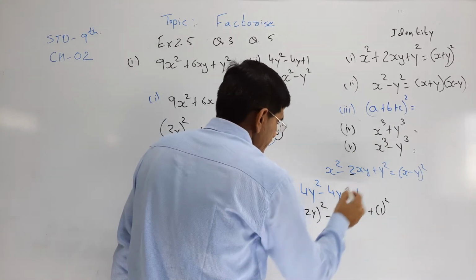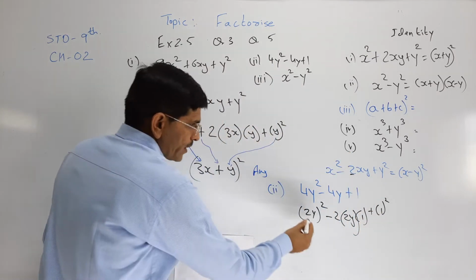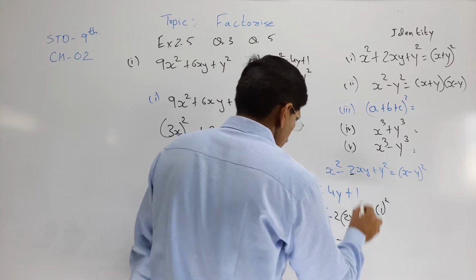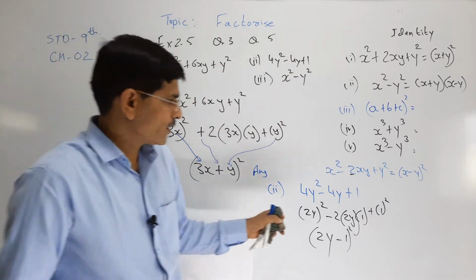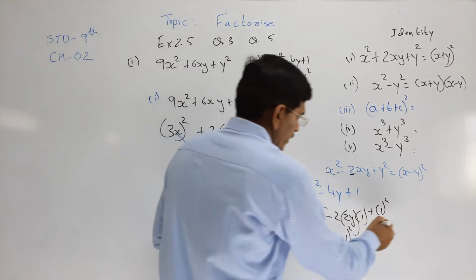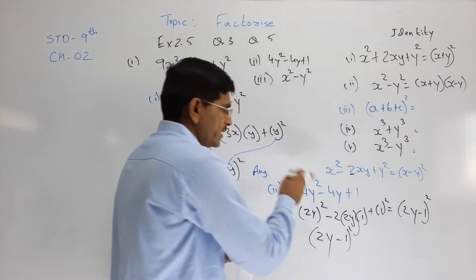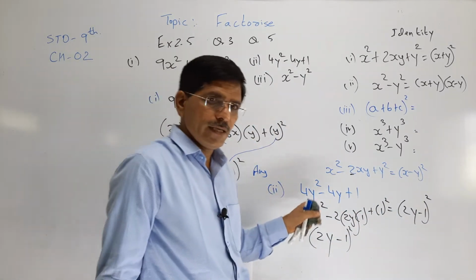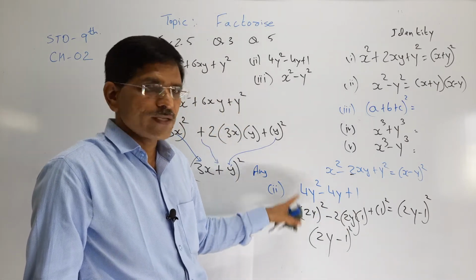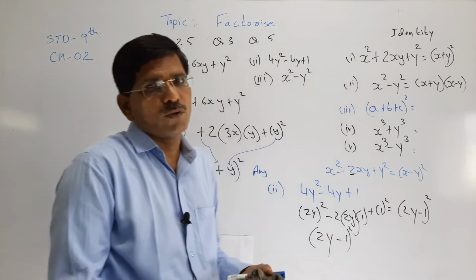Here I am taking x as 2y and y as 1. So from here I write 2y, and from here I write 1 whole squared. 2y whole squared minus 2 into 2y into 1, plus 1 whole squared. So the answer is 2y minus 1 whole squared by using this identity.